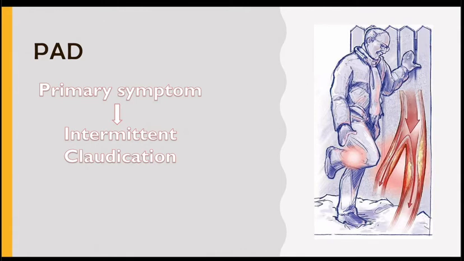Now, as it says in your notes, the symptoms that they have will be dependent on where the blockage is. It's very common to develop peripheral arterial disease in the lower extremities, but wherever the blockage is is where you'd have the symptoms. The primary symptom of peripheral arterial disease is something called intermittent claudication.